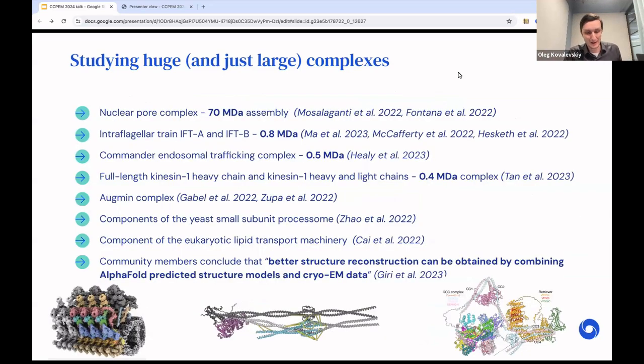Conscious of time, this is just a very incomplete list of the large hybrid complexes built based on experimental cryo-EM data via fitting of AlphaFold models, as well as crystal structures. Most importantly, community members concluded that better structure reconstruction can be obtained by combining AlphaFold predicted structure models and cryo-EM data.